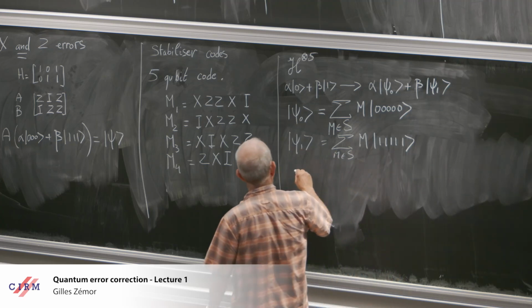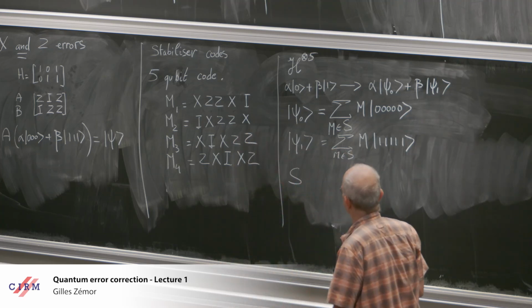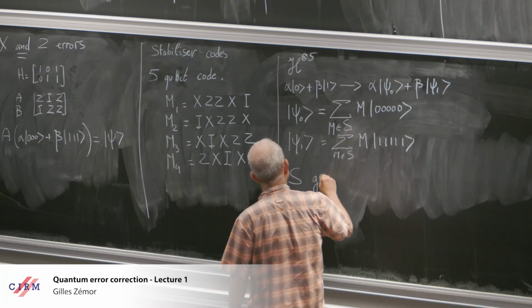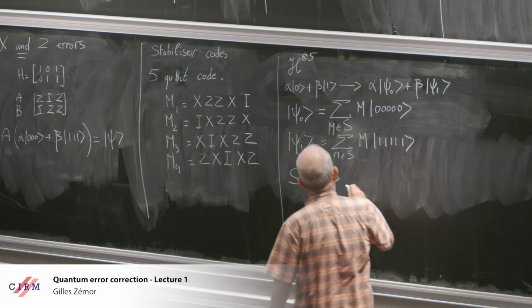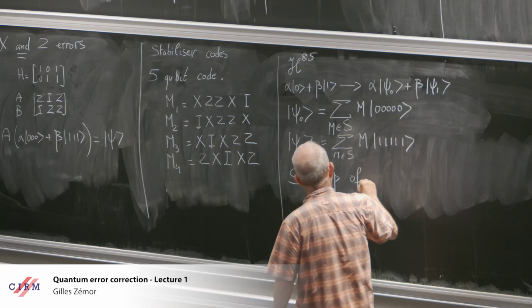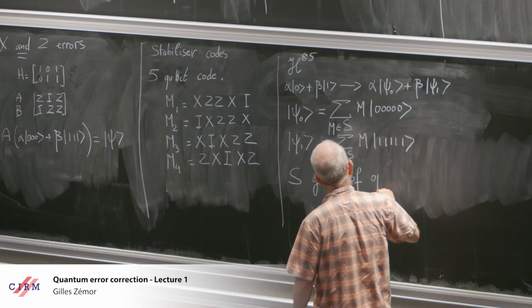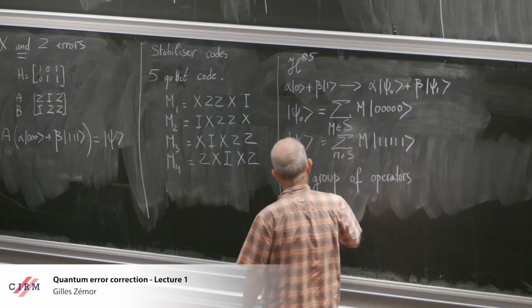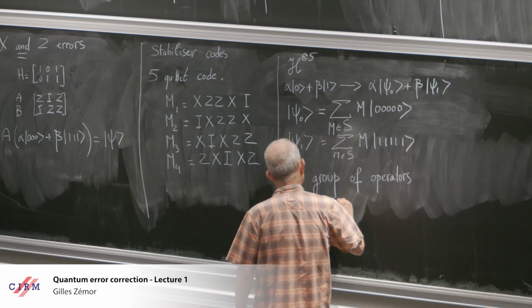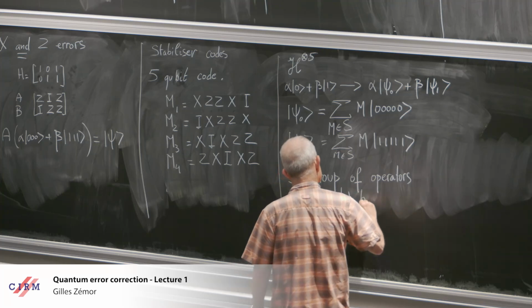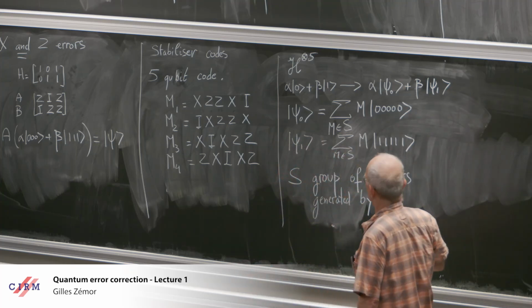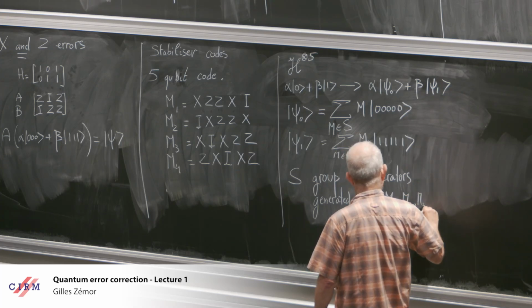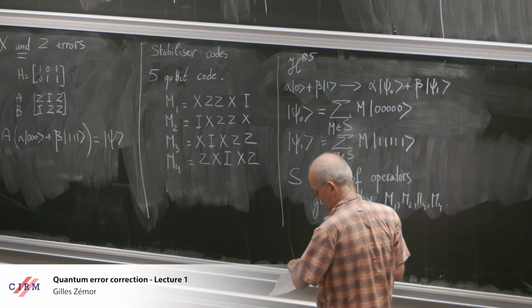Okay, so what is S? S is a group of operators generated by the MI, M1, M2, M3, M4.